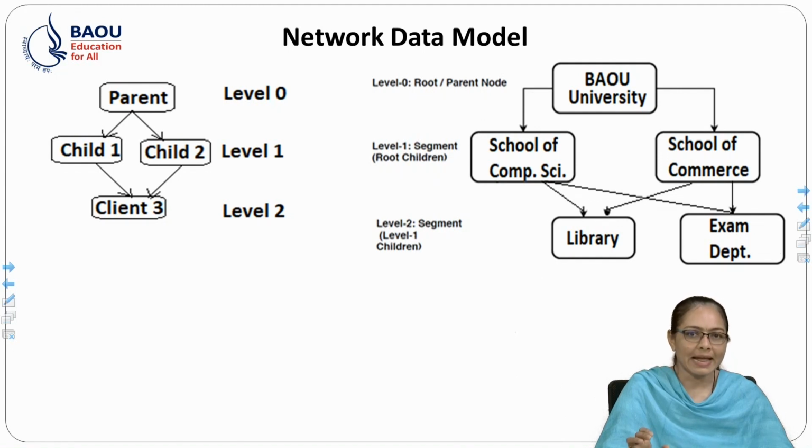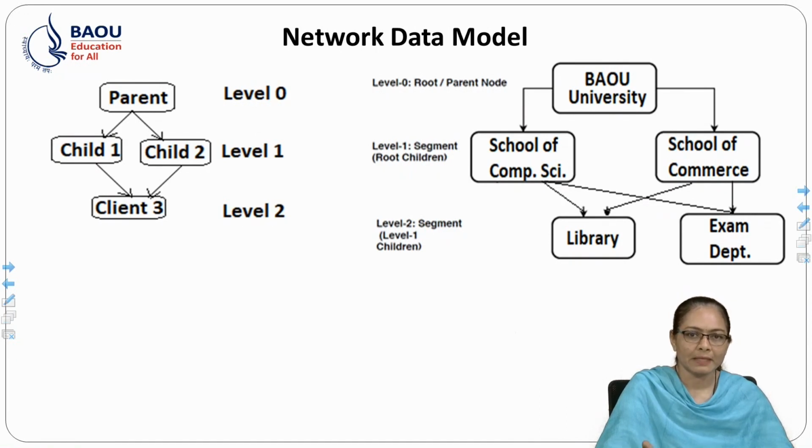Here the entity School of Computer Science has one owner, Bow University. Similarly, the School of Commerce has the same parent, Bow University. Library has two parents, School of Computer Science and School of Commerce. Both use the same library.